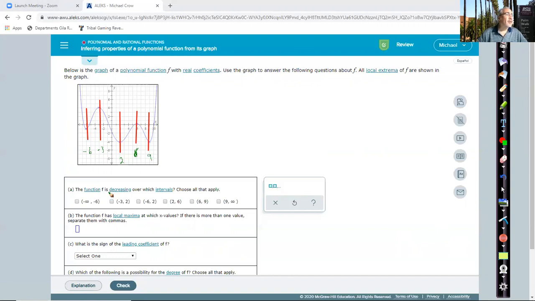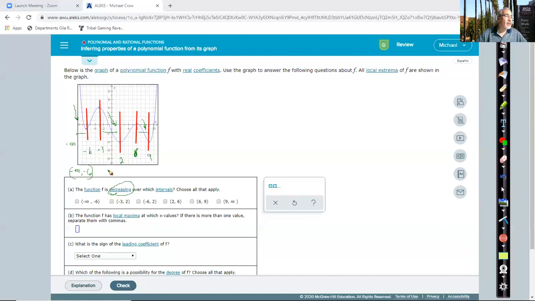Okay, so we're looking for where the function is decreasing. That means going down. This part is decreasing, then we increase, then we decrease, then we increase, then we decrease. Finally, it increases. So there's 3 places, 3 intervals of decreasing. So from -infinity out here until -6, that's one of them.